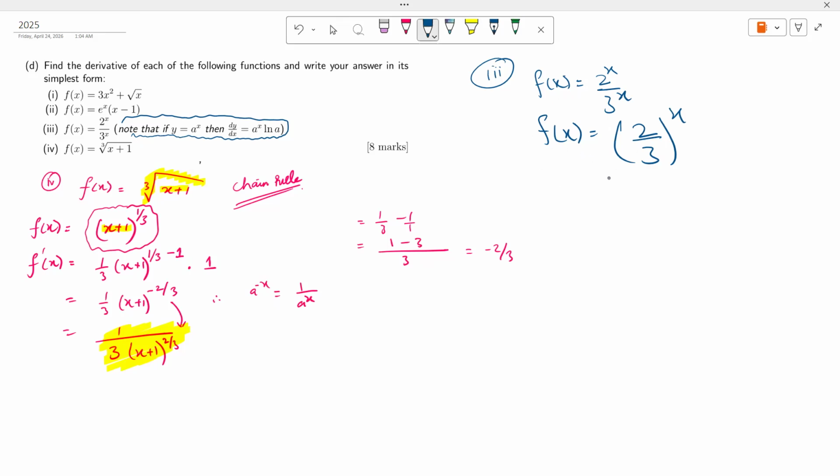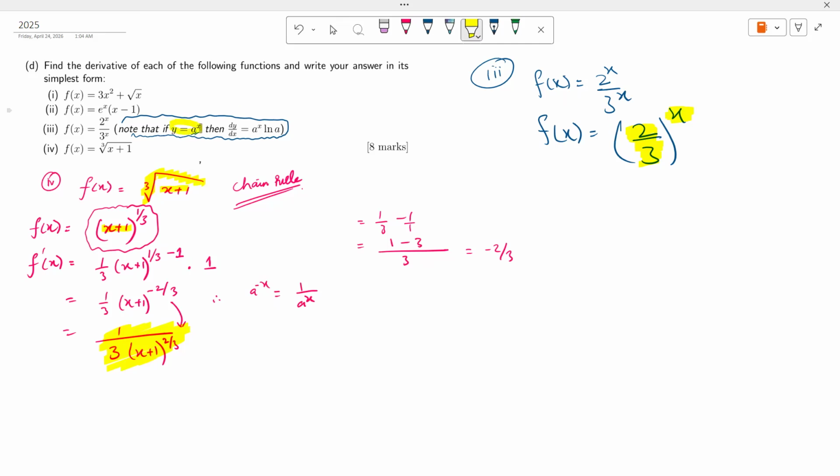If you take the derivative of this, you apply the logarithm rule. If y equals a to the raised power x, now your a is the constant. So 2 upon 3 is your a and x is in the power. x is the independent variable that we are taking the derivative with respect to.